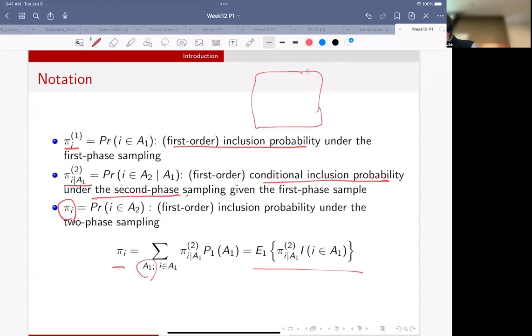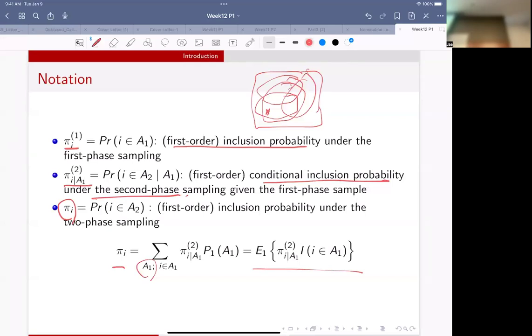What I'm interested in is a particular element, and the probability of obtaining it. You could have many different possible A1s, so it's difficult, because you have to evaluate over all possible A1.